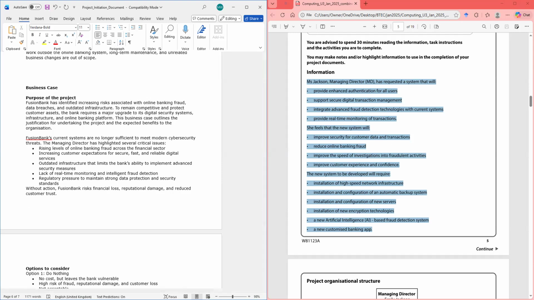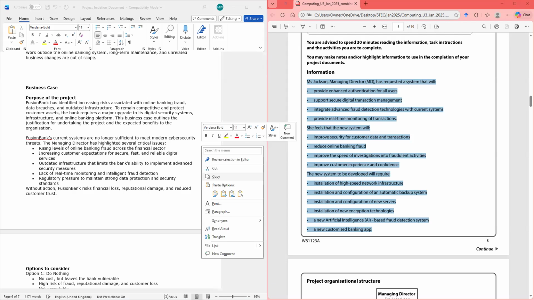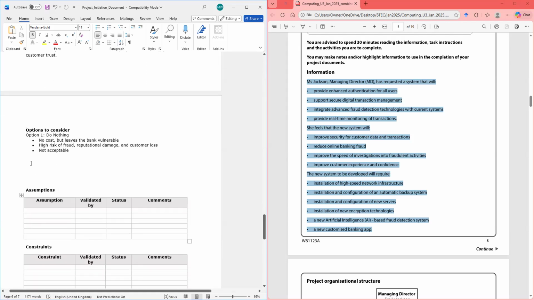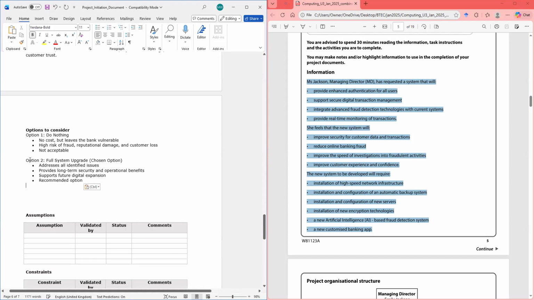But option two is I could do a full upgrade, which is my chosen option. Let me just type it in quickly.